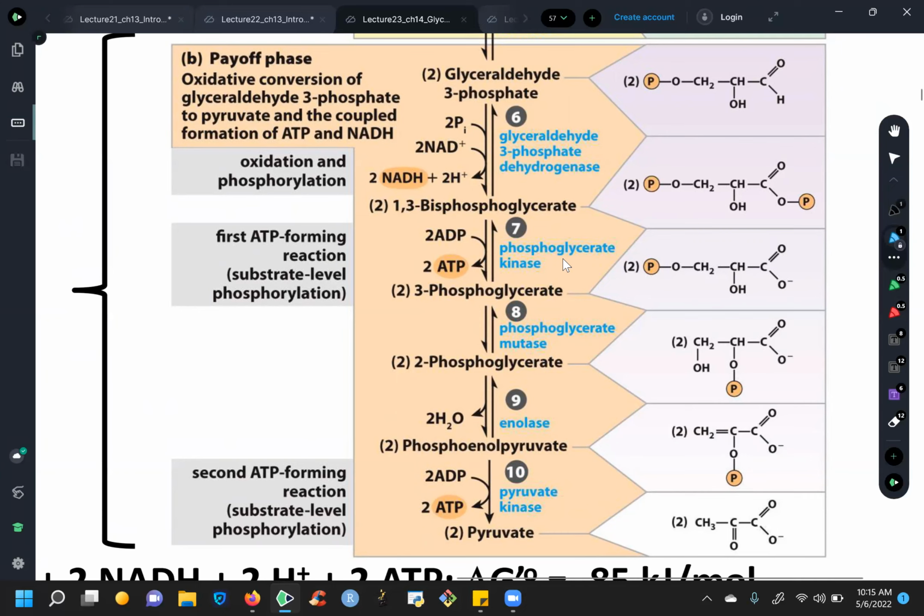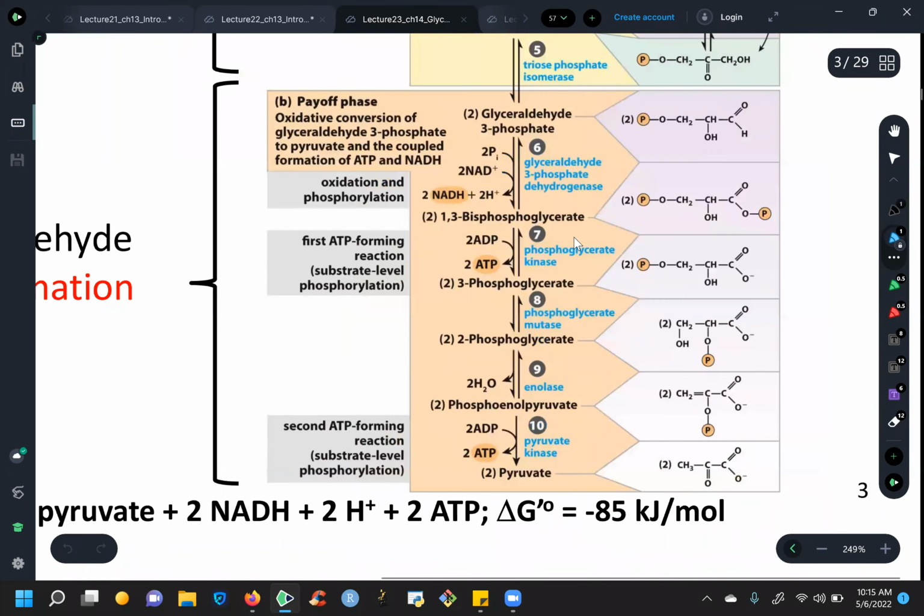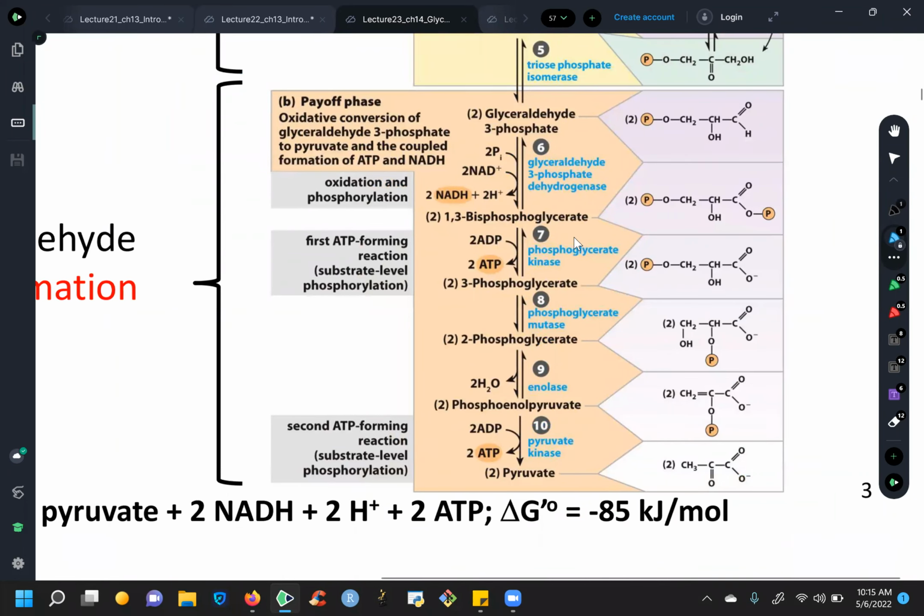Now for reaction number 7, we have phosphoglycerate kinase, 2 ADP, we're making 2 ATP. So they might ask you on the exam which steps in glycolysis produced ATP. That would be step 7 and step 10. We're making ATPs from step 7 and step 10.